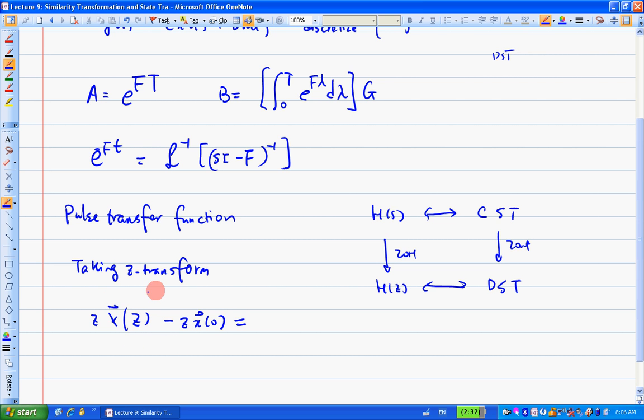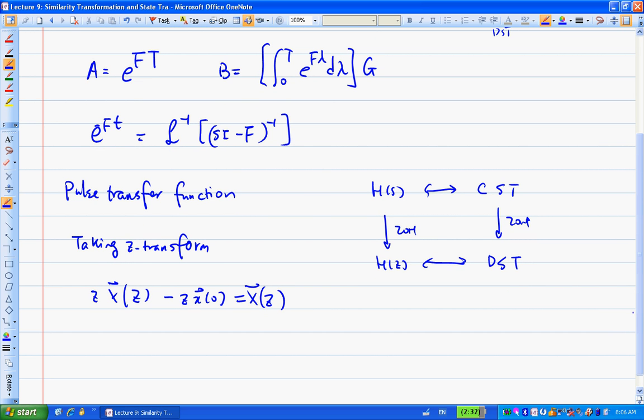So that's the z transform of x of k plus 1. And the other side is capital X of z, the z transform of x of k.